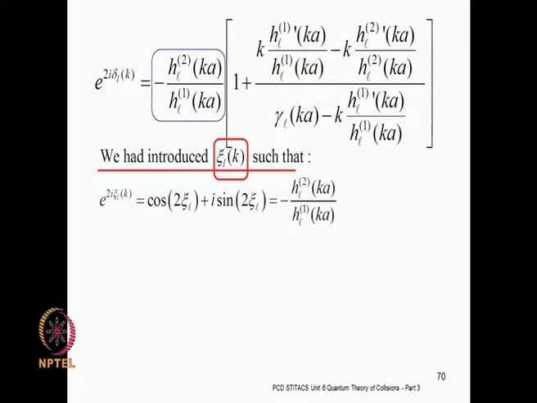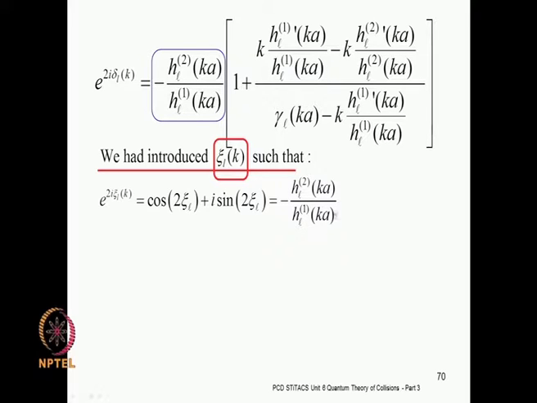Now, what we also do is to introduce a function xi of k such that e to the 2i xi is given by this ratio, minus h2 over h1. h2 is the Hankel function of the second kind and h1 is the Hankel function of the first kind.